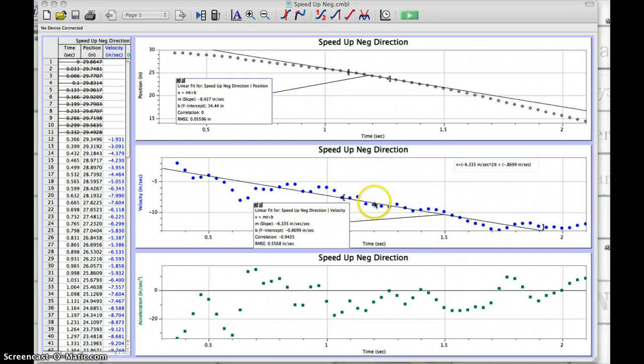Going back to the slope, roughly negative 6 inches per second squared, the acceleration graph, the derivative of the velocity graph, should have been represented as a straight line all the way through at negative 6.335.